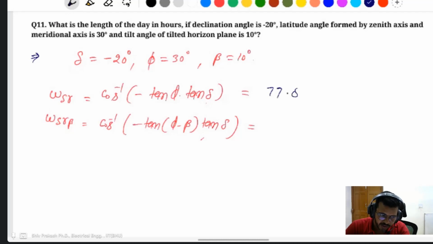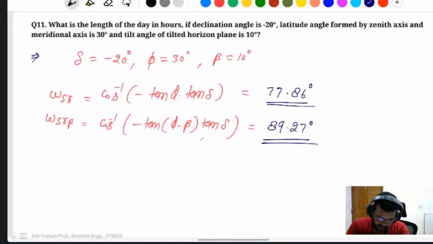This angle is 77.86 degrees, and the second angle is 89.27 degrees.